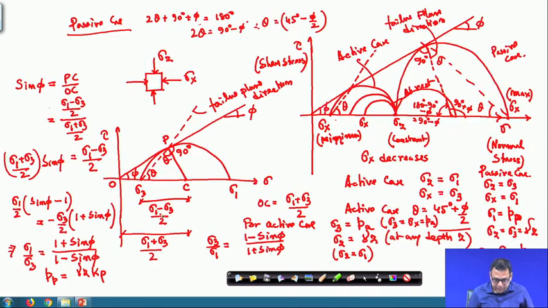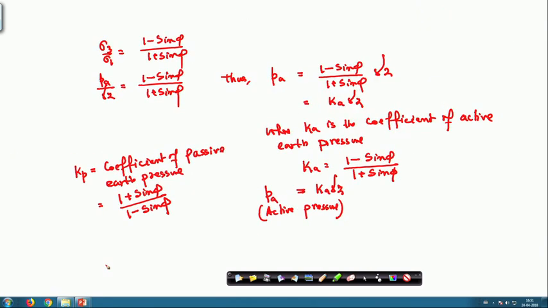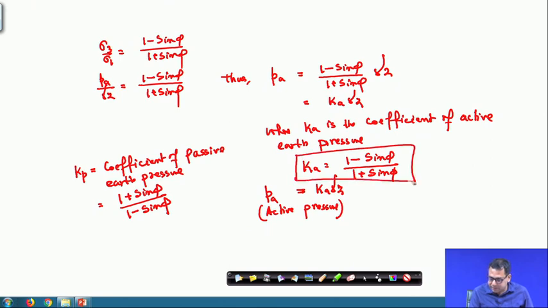You can see that this is 1 plus sin phi, 1 minus sin phi. So, this is the K A expression and this is the K P expression. So, you can write from this correlation that K P is 1 by K A or K A is 1 by K P.